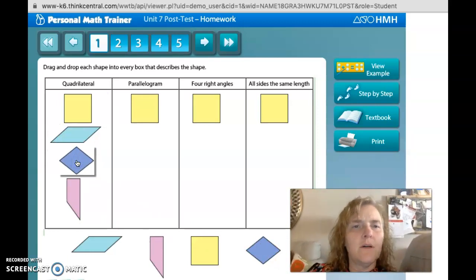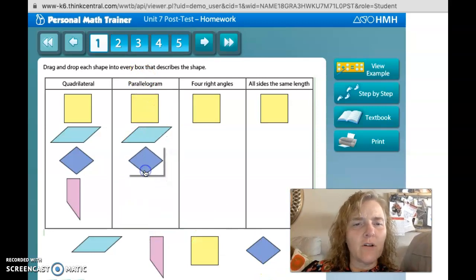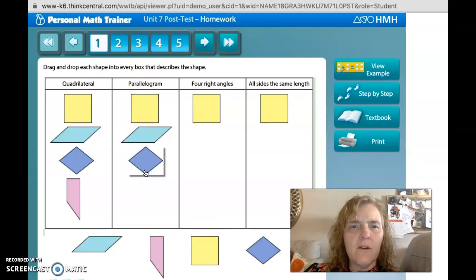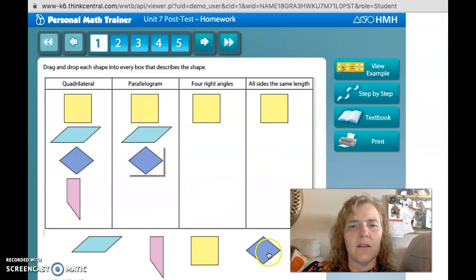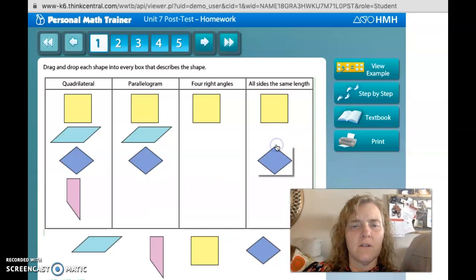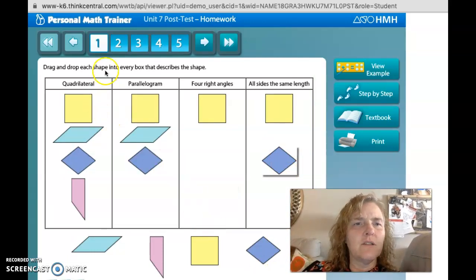Okay, a parallelogram would be this one and this one. What about this one? Does this have 2 sets of parallel sides? It does. 4 right angles. There's only one that's got 4 right angles. Quadrilateral, parallelogram, 4 right angles, all sides the same length. I think we still need this one. All right, let's check our answer. Woohoo! All right, hopefully you did as well.